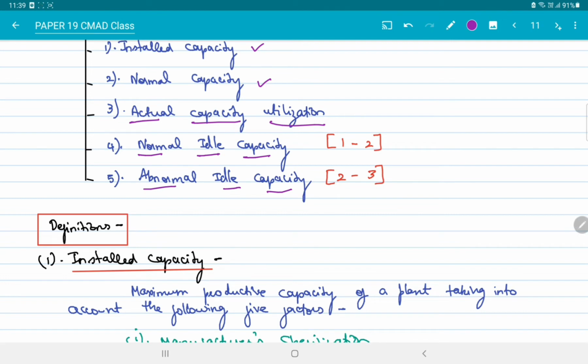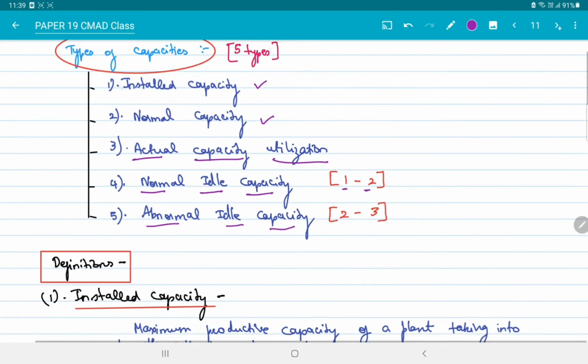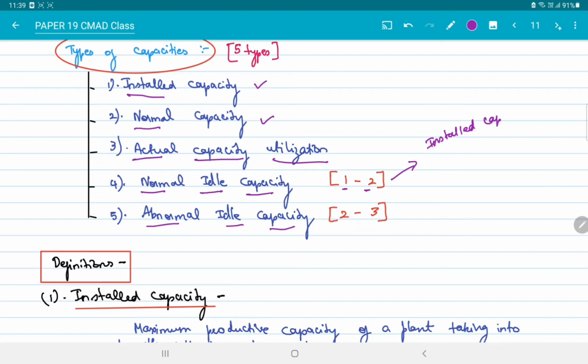Here, normal idle capacity is 1 minus 2, where 1 is installed capacity and 2 is normal capacity. So normal idle capacity is installed capacity minus normal capacity.